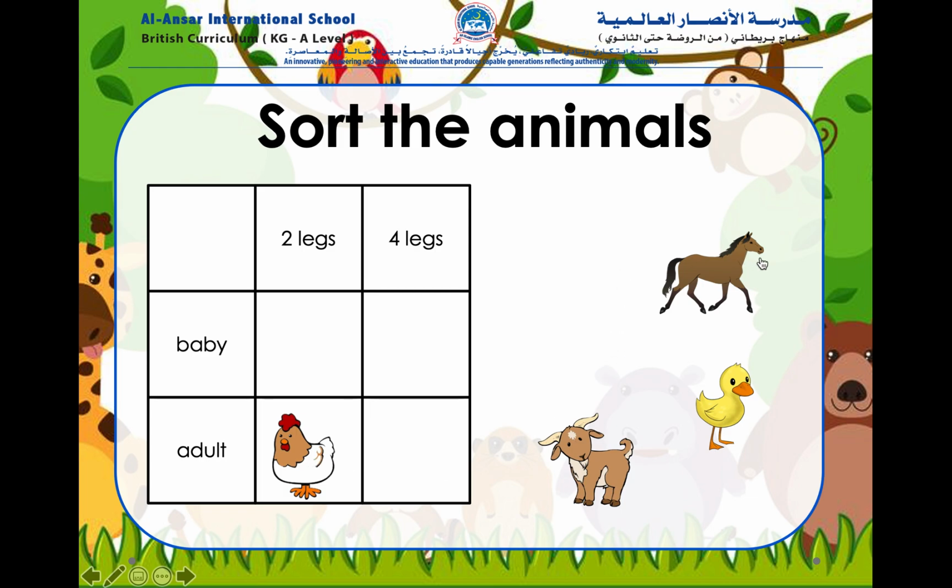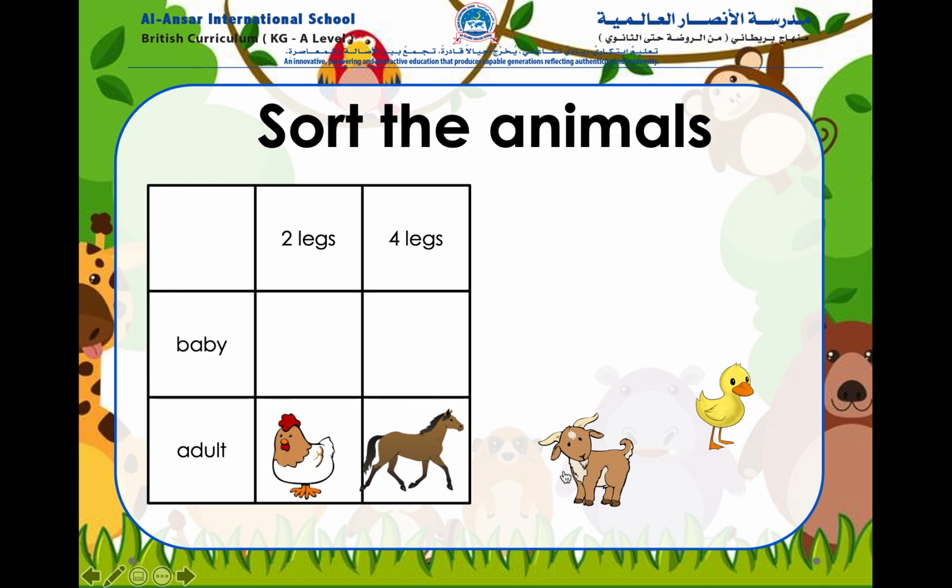Now let's look at this horse. How many legs does the horse have? It has 4 legs. Is it a baby horse or is it an adult? It is an adult. So we will put it in the block that says 4 legs and an adult. Now let's look at this goat.